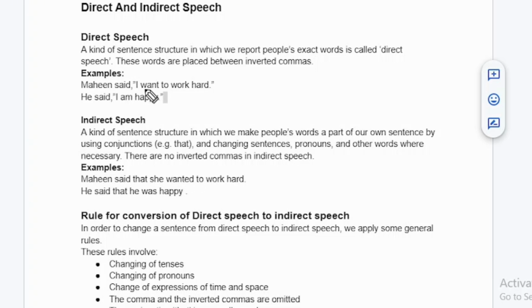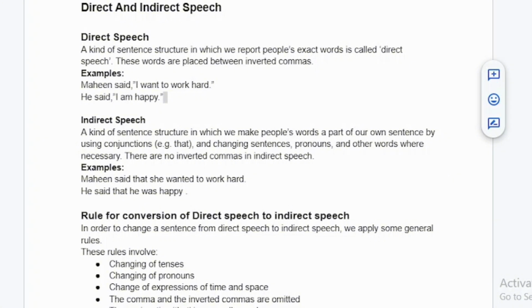In "want" there was present tense, and in "wanted" there is past tense. And see that the inverted commas have been omitted.